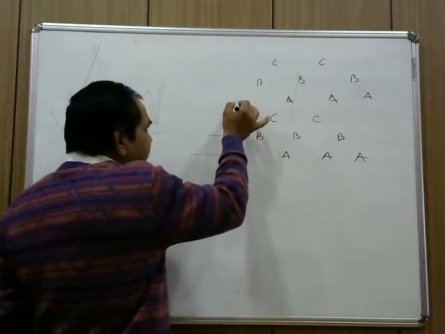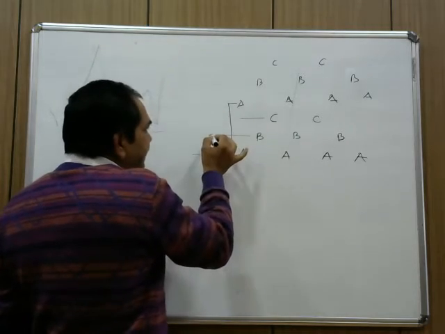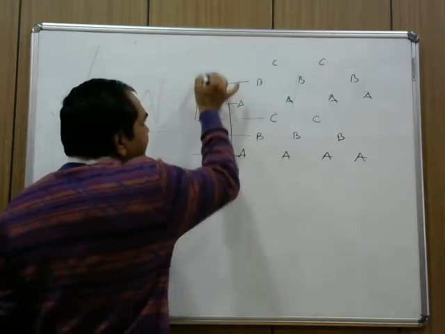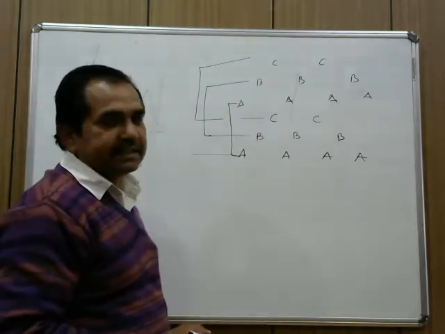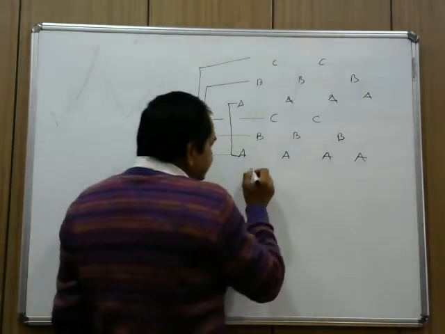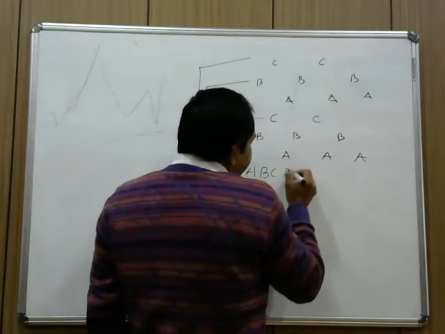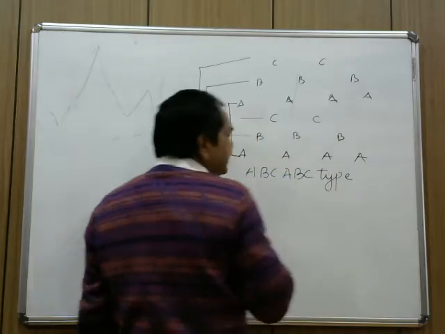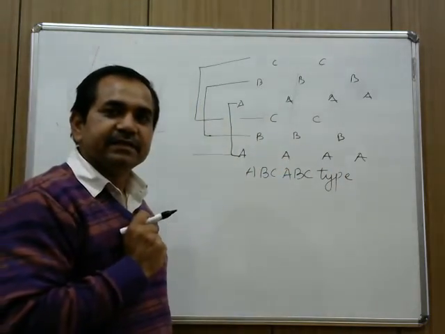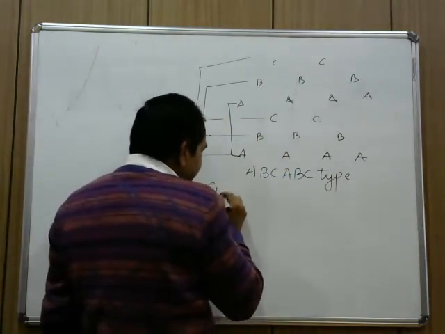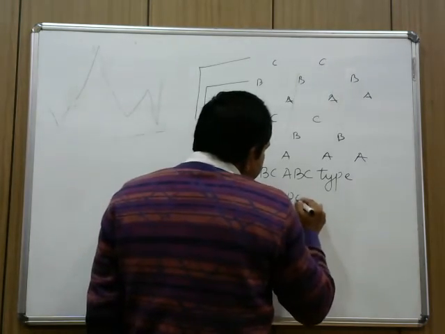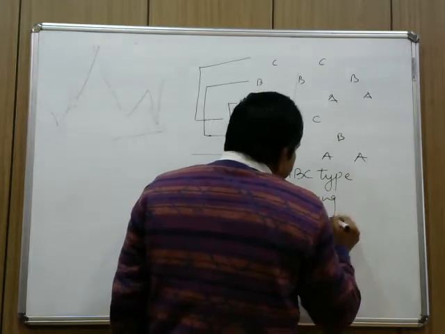Then the first and fourth are identical, the second and fifth are identical, and the third and sixth rows are identical. So this refers to the ABC type arrangement, and this is called cubic close packing.